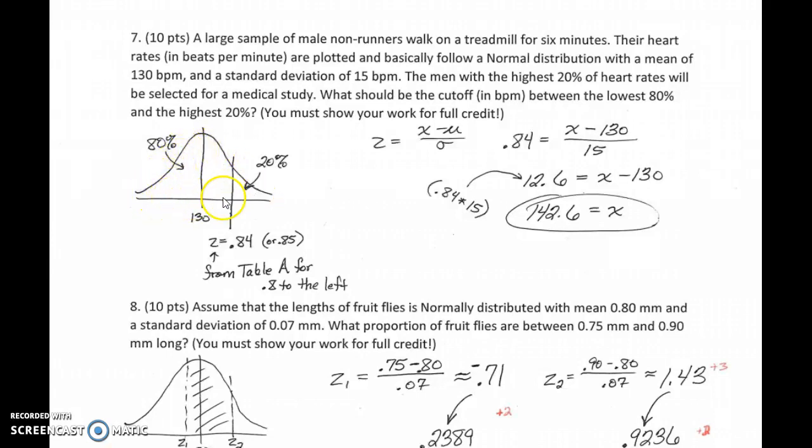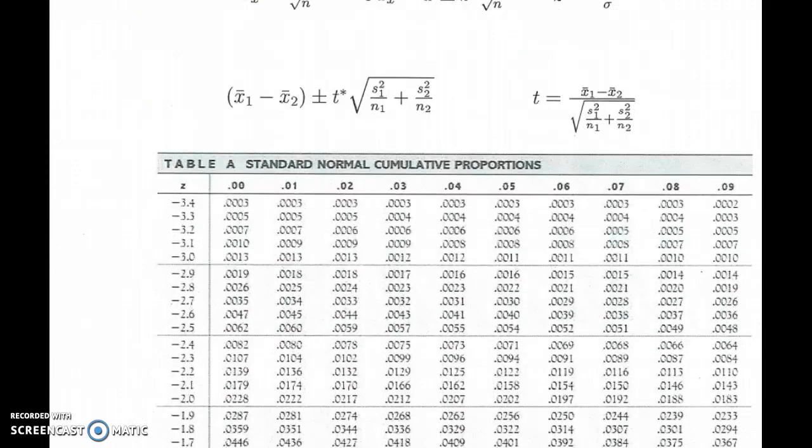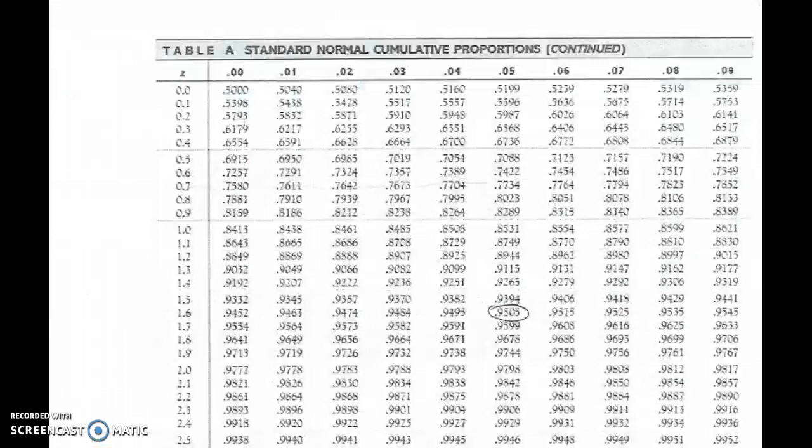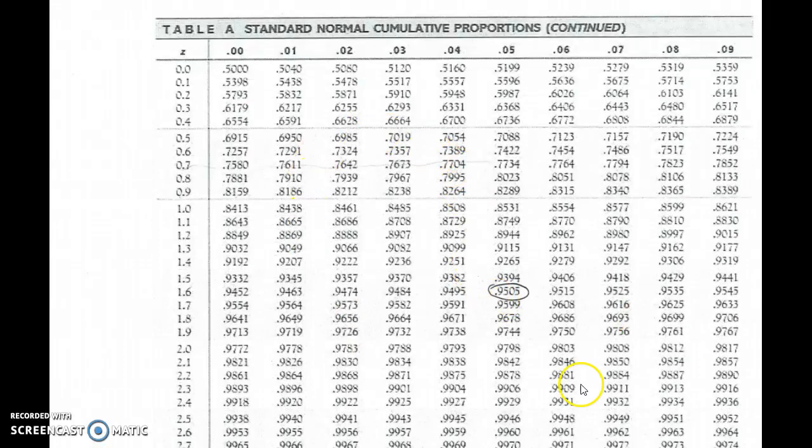We know that 0.8 of our men were below the cutoff. So we look up that 0.8 in Table A, and a careful point to note here is we're now looking in the center. These are the proportions to the left. These are the z-scores. So we now have this value, and we're looking for the z-score.